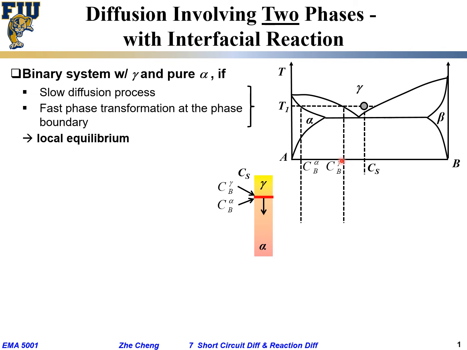So local equilibrium means I have two phases at the boundary because of slow diffusion and fast interfacial reaction. Right at this boundary, the composition for each phase will be determined under equilibrium through the phase diagram. CB alpha for here, CB gamma for here.